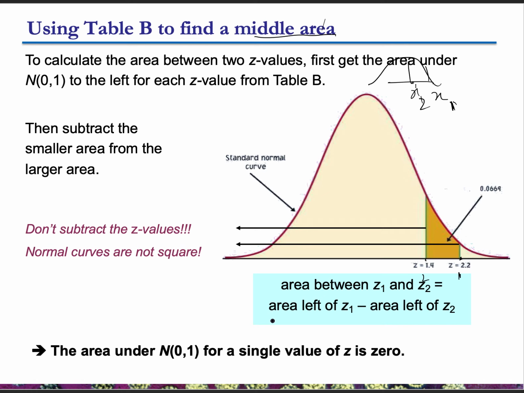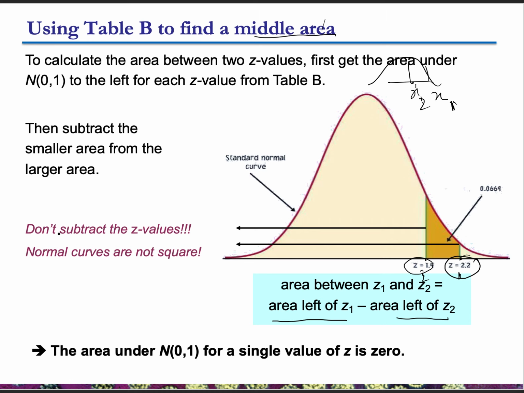Then subtract the area left of z1 from the area left of the larger z, that is positive 2.2. If you find this area and subtract the other area, you will get this highlighted darker yellow area.